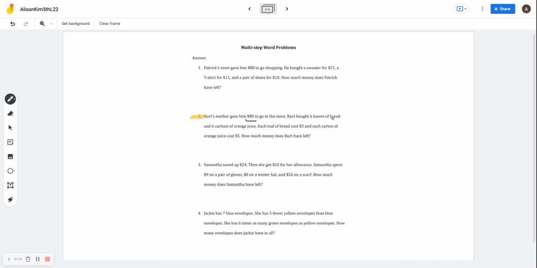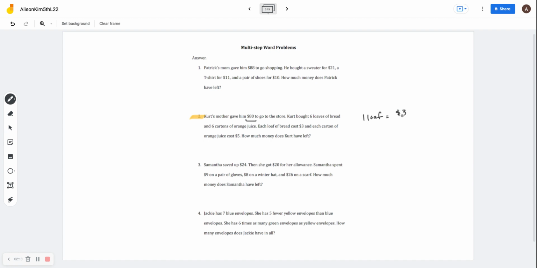And it says that he bought 6 loaves of bread, right? But then each loaf cost $3. So that means one loaf equals $3. As for the other thing he bought, it says that he bought 6 cartons of orange juice.